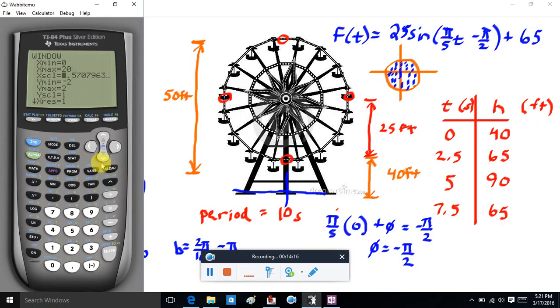Why don't we set the x scale equal to 1 period? The minimum we could say is 0, and the max is going to be at least 90, so 100. And each increment can be 10. Let's graph this.